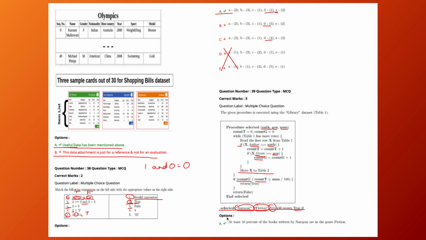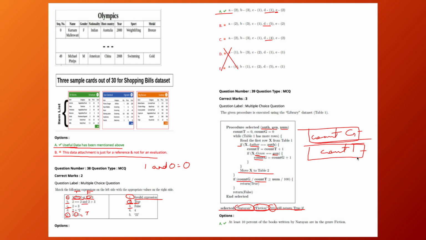So let me just write this for you guys. If count g is divided by count t, that is the value here, if Narayan has written this many count g, and if you divide it by count t, it's going to give you a percentage of the fiction books written by Narayan.